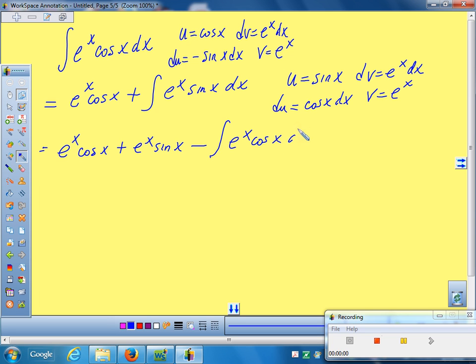It's impossible. Have we seen that anywhere before? Very beginning. Isn't this e to the x cosine of x the exact same thing we started with?